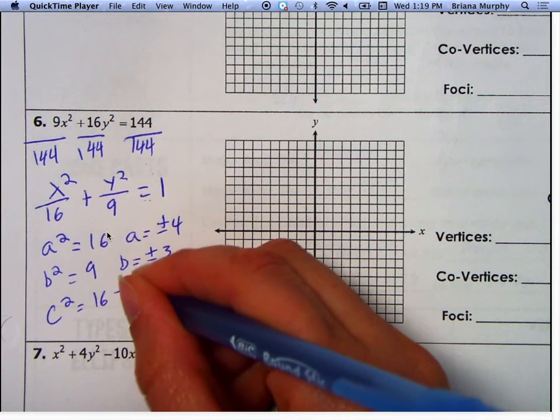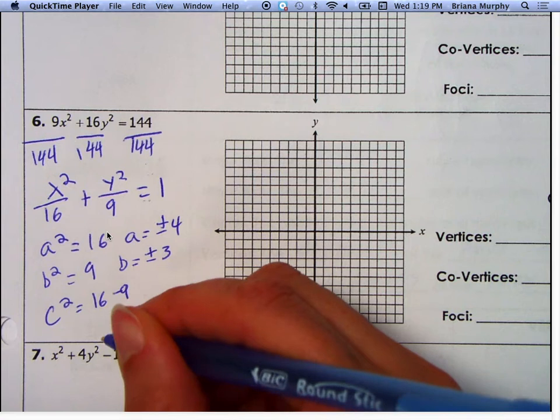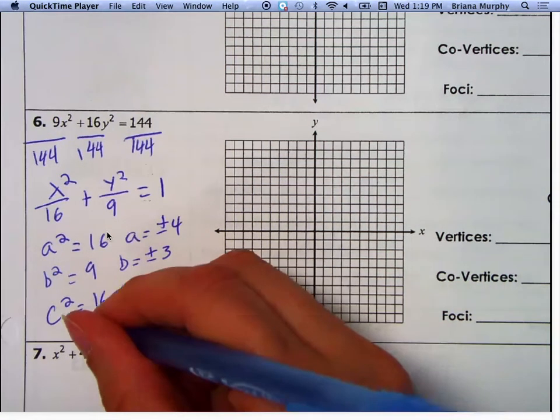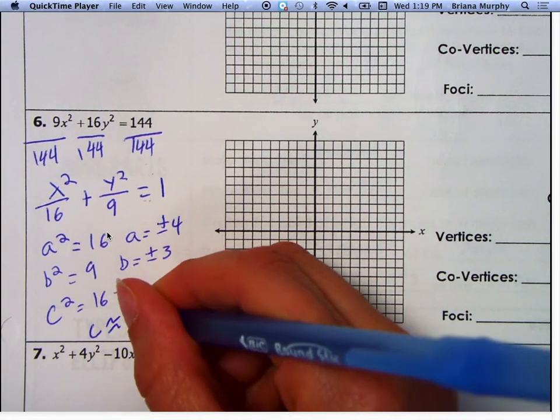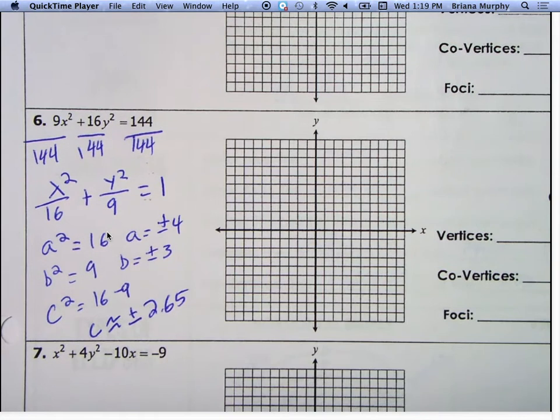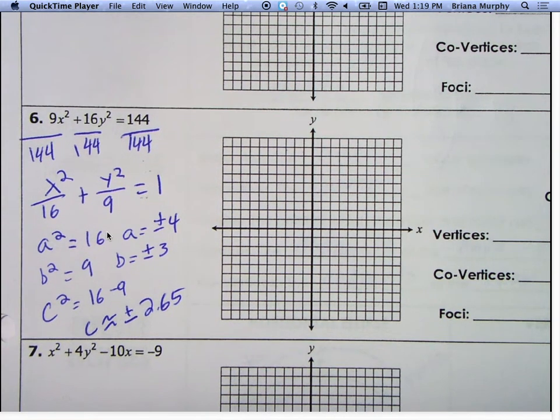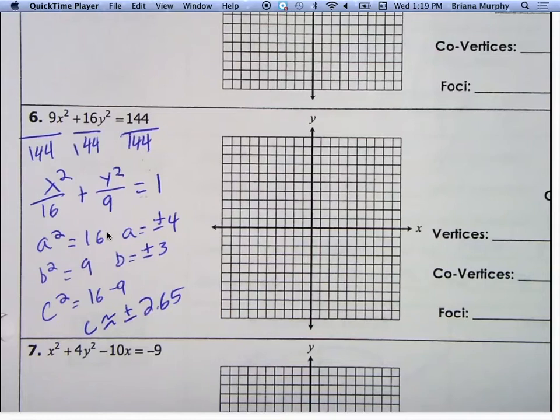16 minus 9. So C is going to be what? Approximately plus or minus 2.65. Okay. What's my center? Is there anything being added to the x or y on top?